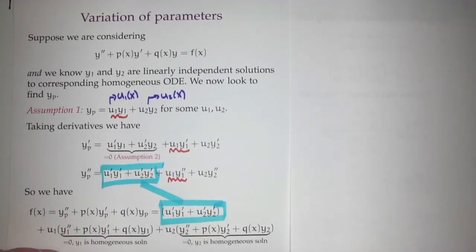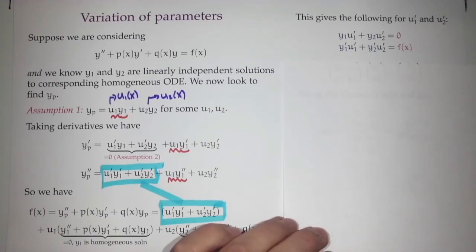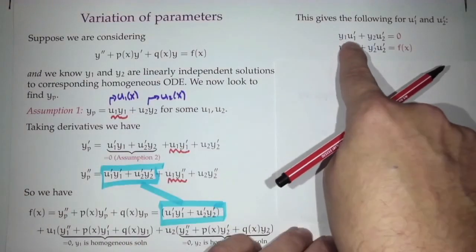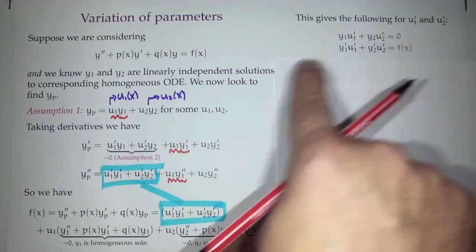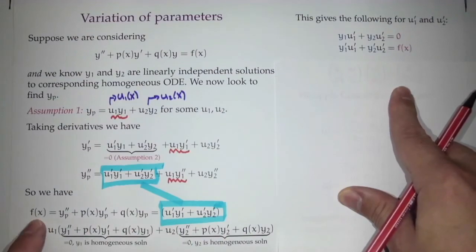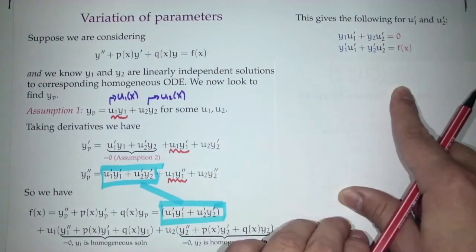That part goes away. So that says, lo and behold, we actually have from our second assumption, y1 u1 prime plus y2 u2 prime equals 0. And from plugging it in, we have that f of x is equal to that part. Everything else disappeared. y1 prime u1 prime, y2 prime u2 prime.